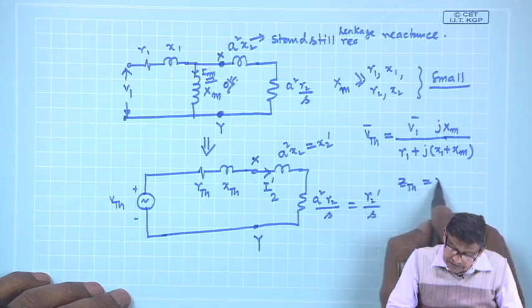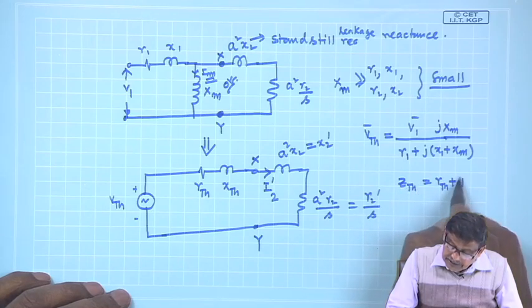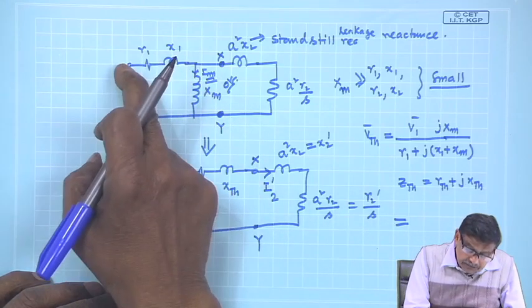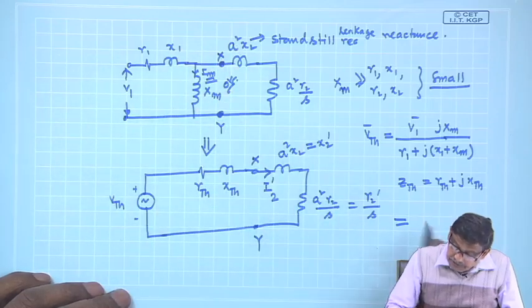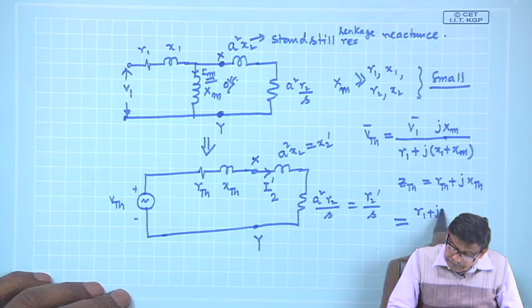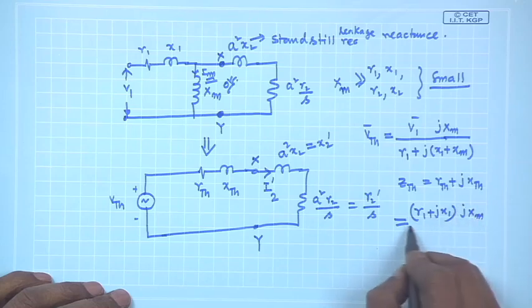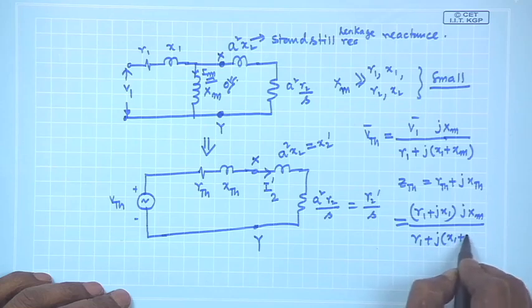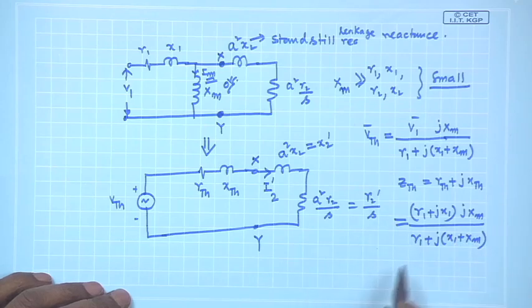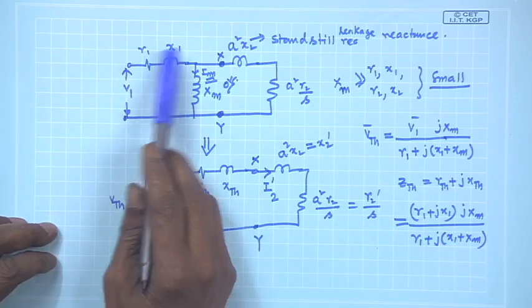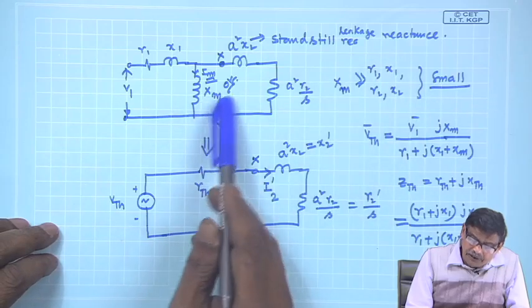Z Thevenin is R Thevenin plus jX Thevenin, and it will be the parallel combination with the supply shorted. So, (R1 plus jX1) into jXM divided by R1 plus jX1 plus XM. This will be Z Thevenin. The real part is R Thevenin, the imaginary part is X Thevenin. But mind you, as I told you, R1, X1 is smaller compared to XM.